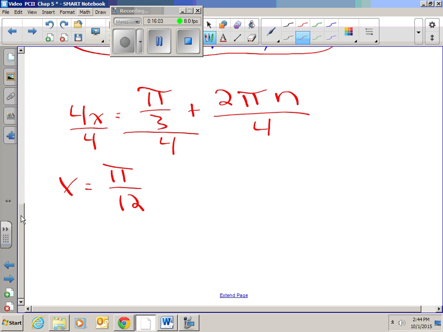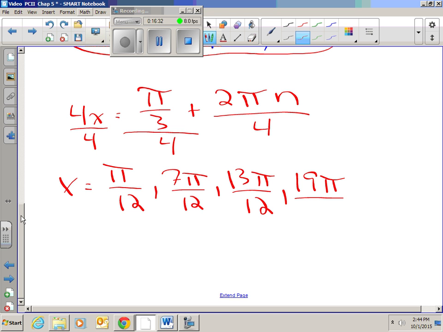And now I need to keep adding. 2 pi n over 4 is half a pi n. So I need to keep adding 6/12 pi. So 1/12 pi plus a half a pi is 7 pi over 12. 7 pi over 12 plus 6 pi over 12 is 13 pi over 12. And 13 pi over 12 plus 6 pi over 12 is 19 pi over 12.